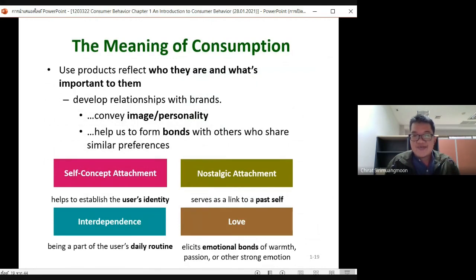One of the objectives that we just talked about is that we use products to present our identity. I just mentioned that I have a sweater from the US Marine. I use it to define myself. I'm a big fan of the US Marine. Or I have this mask, which has camouflage, from an England soldier.